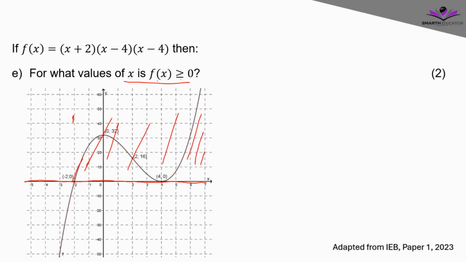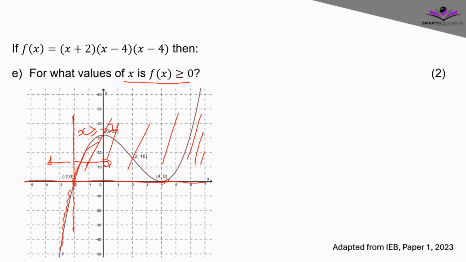So for which x values? You see, that's where things change here, at x is equal to negative 2. When you go this side, the graph is below the x-axis. But if you go this side, the graph is above or on the x-axis. So this region we want, where x is greater than or equal to negative 2.